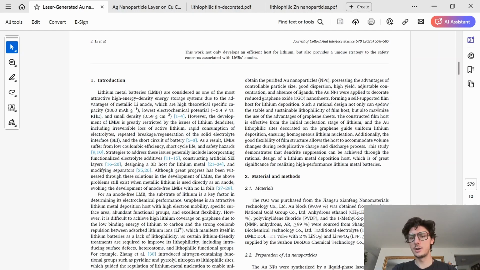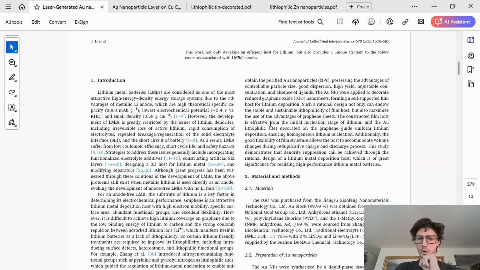Such a rational design not only can endow the stable and sustainable lithiophilicity of the film host, but also maximize the use of the advantages of the graphene sheets. So this graphene oxide has its own interests that I'm not experienced in, but it's something that I'm just taking note of.